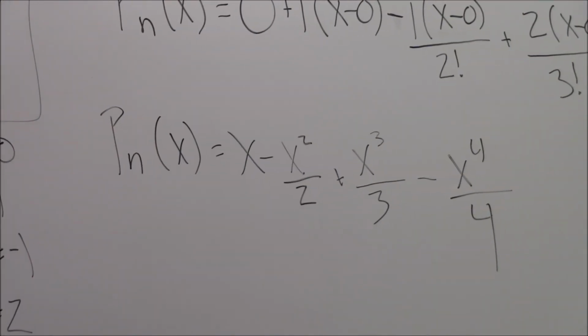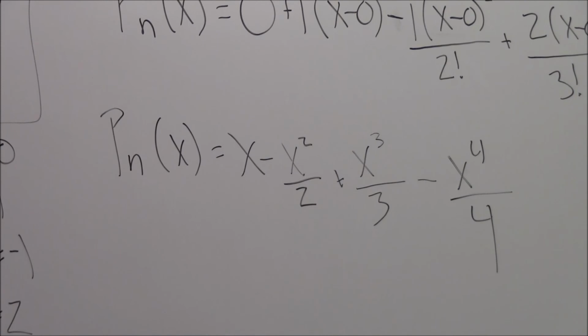With a little bit of simplifying, we have come to see that our Taylor series polynomial with the notation of p sub n of x is equal to x minus x squared over 2 plus x cubed over 3 minus x to the fourth over 4.